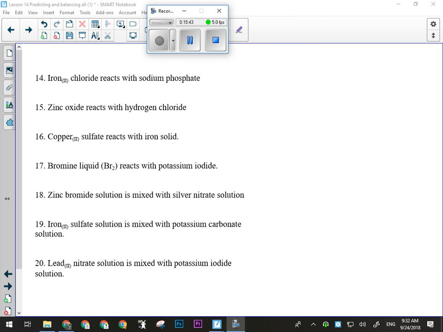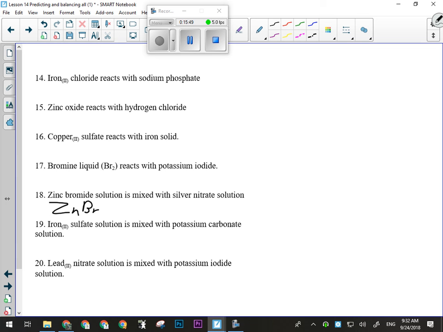Okay, so for number 18, we got zinc bromide, so Zn with Br. Zinc is a +2 and bromine is a -1, so we're looking at ZnBr2, okay? And then it is mixed with silver nitrate solution, AgNO3, okay? That's swapped and dropped correctly, -1 and +1.